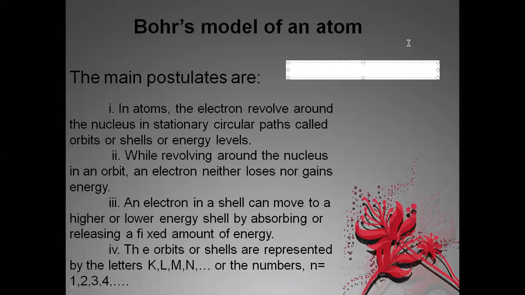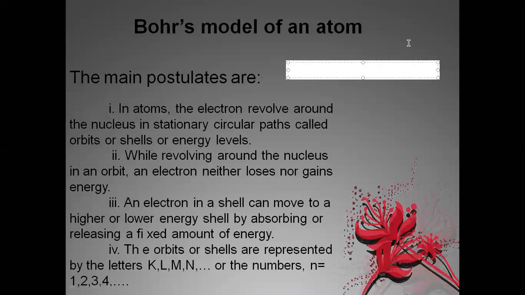In the fourth postulate, Bohr said that as an electron moves further from the nucleus, its energy increases. Electrons have the maximum energy far away from the nucleus, where the energy is zero.